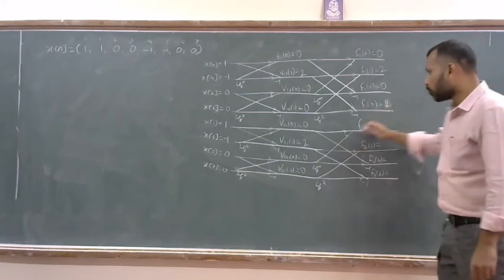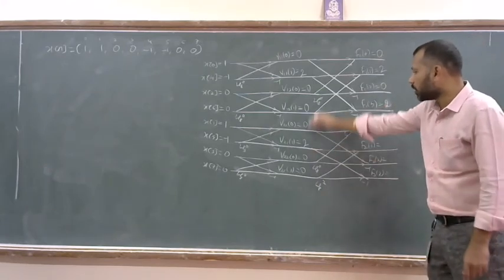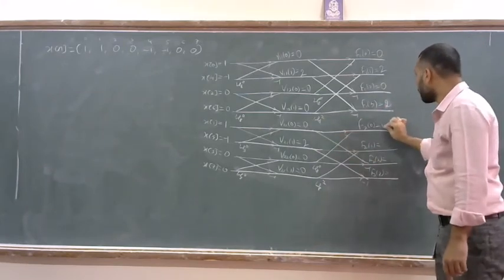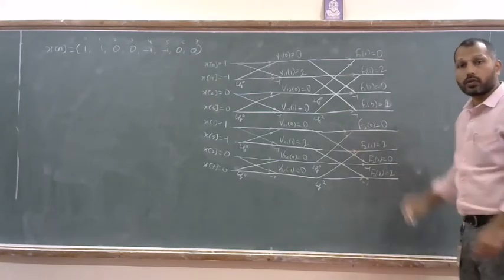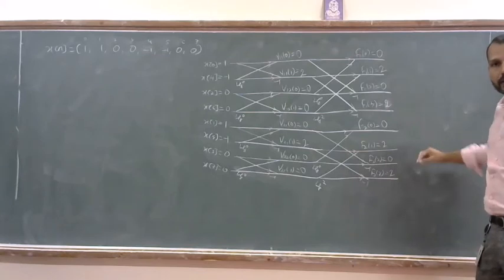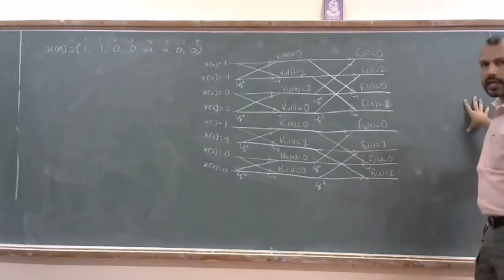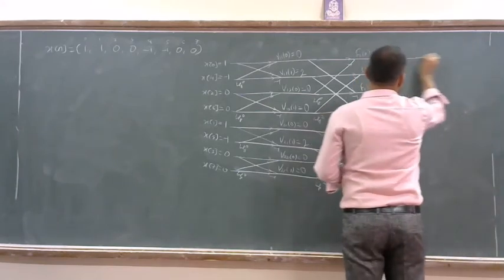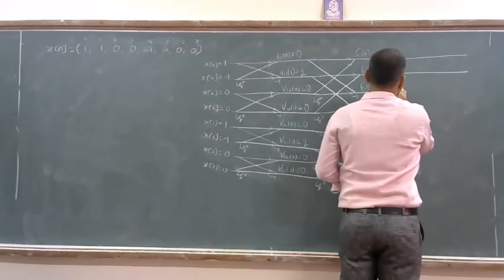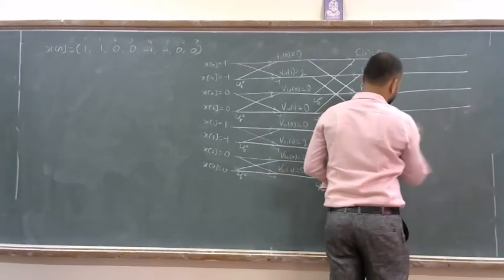And the same 4-point DFT will be repeated here because the 2-point DFTs that we are combining are the same, 0 2 0 2. Now these two 4-point DFTs are to be combined in the next stage to obtain the 8-point DFT. And that 8-point DFT representation will be shown in the next stage.